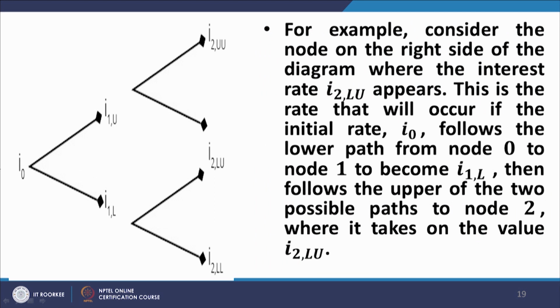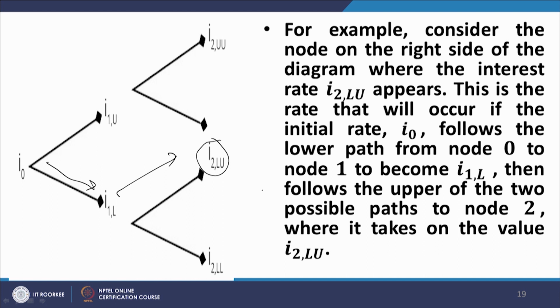For example, consider the node on the right hand side of the diagram where the interest rate I 2 LU appears, this particular rate. Obviously, this rate will occur if in the initial rate I 0 there is a down jump here, and then there is an up jump here.